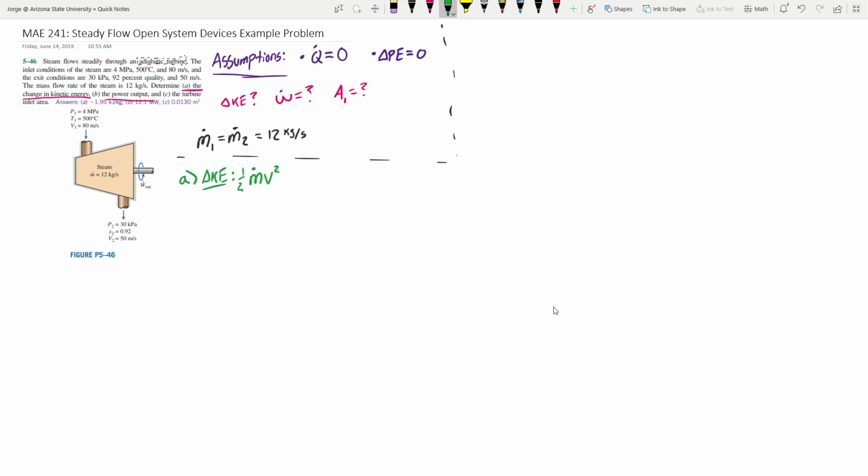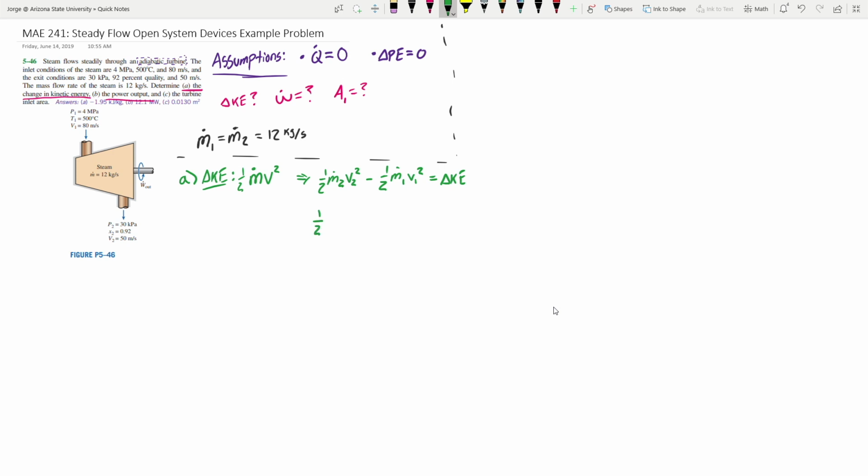If we write it in terms per unit second, we have 1/2 m dot v squared. So the change in kinetic energy would be 1/2 m dot of your final v final squared minus 1/2 m dot initial v initial squared. That is equal to the change in kinetic energy.